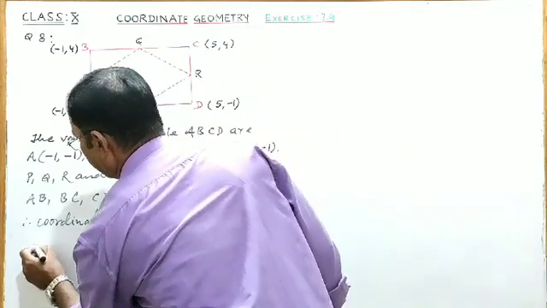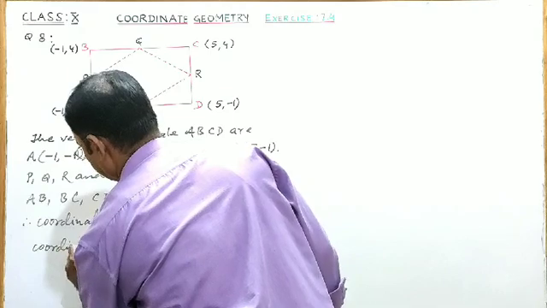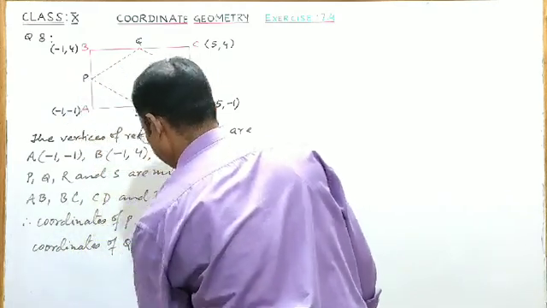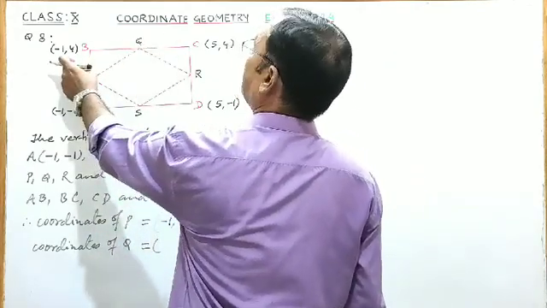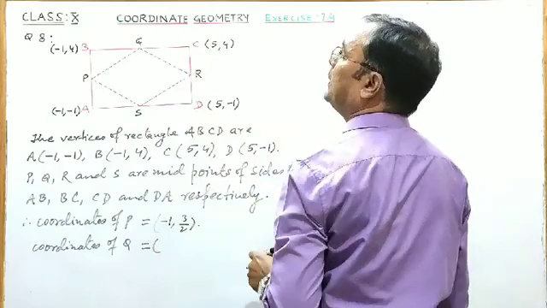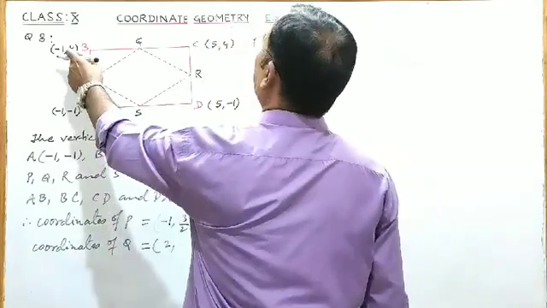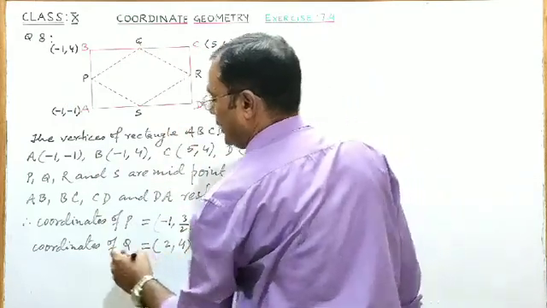Coordinates of Q, which is midpoint of side BC, are (-1 plus 5)/2, 4 by 2, 2, and (4 plus 4)/2, 8 by 2, 4.